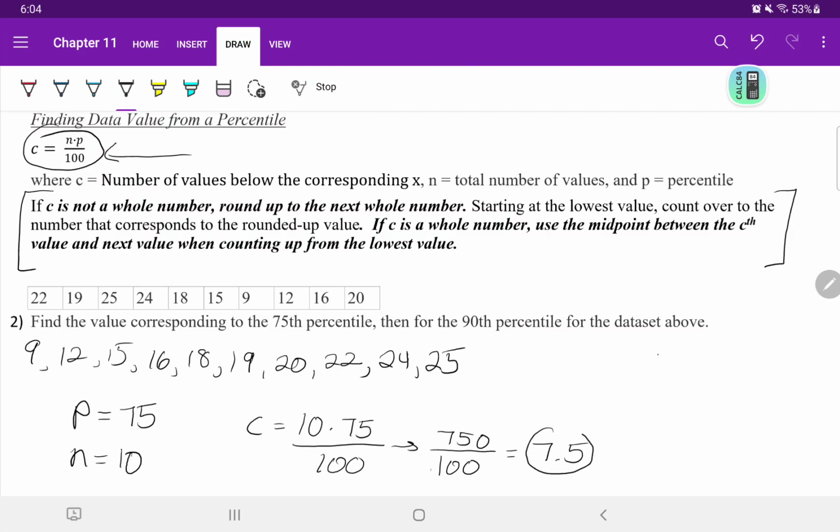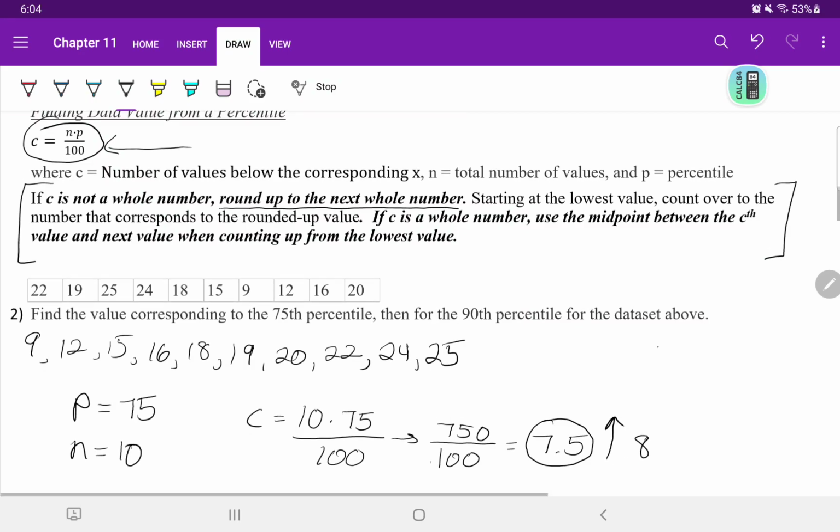This number right here is a decimal. It is not a whole number, which means we must round up to the next whole number. So round that up to 8.